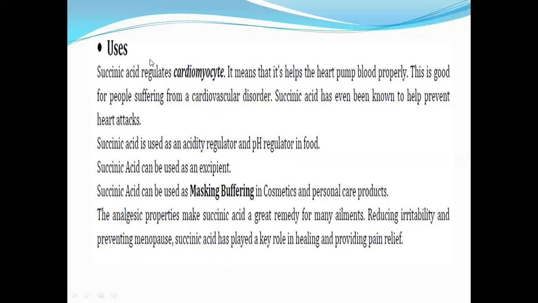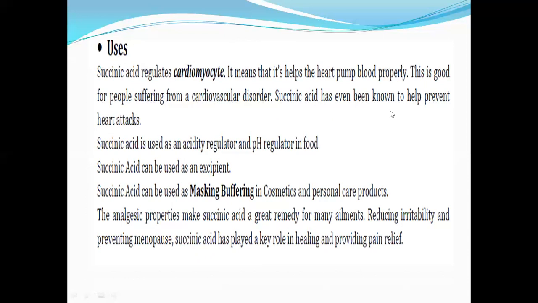Now the uses of this succinic acid molecule: it is going to regulate the cardiomyocyte. The meaning of this word cardiomyocyte is that this succinic acid molecule is going to help in the heart pump mechanism for the supply of blood.